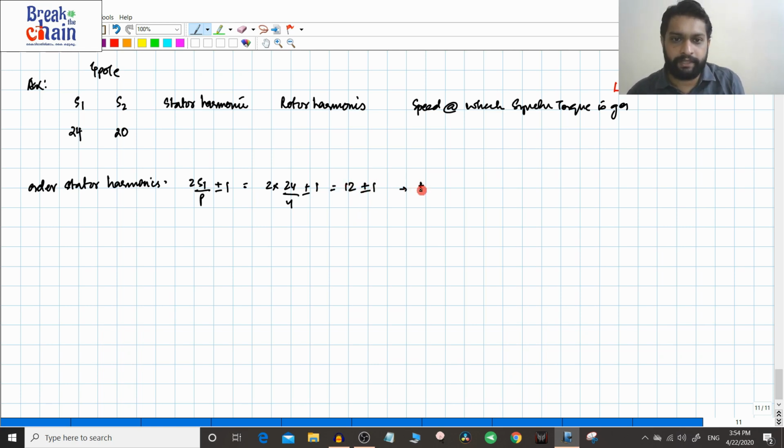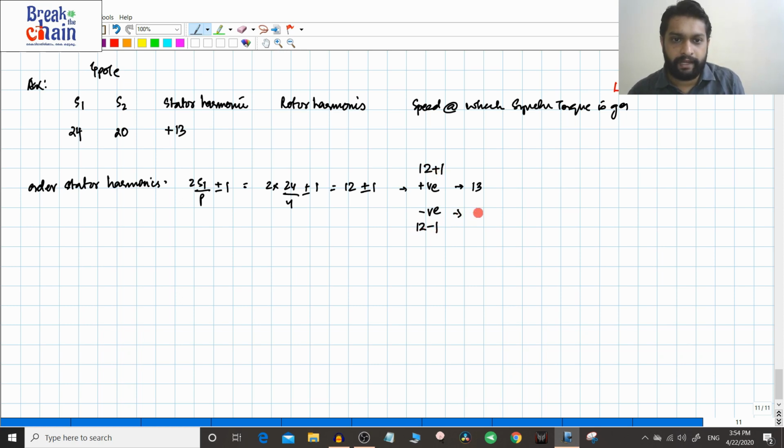If you take the positive sign, I have told you positive sign means the rotation is the same as that of the fundamental rotating magnetic field. So the positive value is 12 plus 1, which is 13. So you will have plus 13 harmonic, and the negative is 12 minus 1.